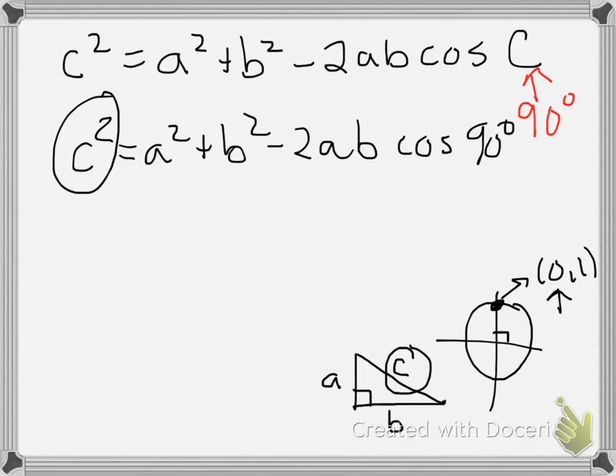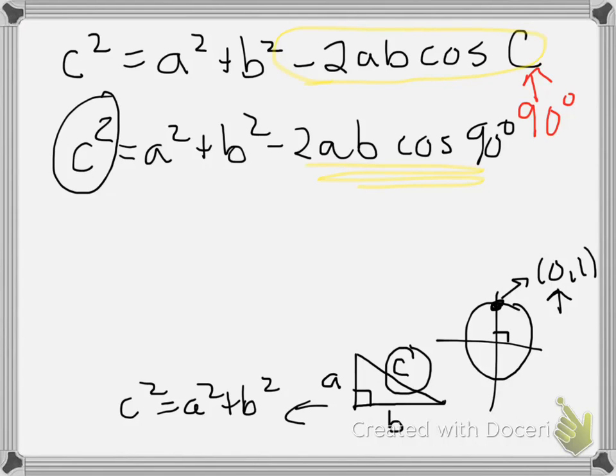Well, in a right triangle, C squared equals A squared plus B squared. And we don't have this extra piece right here that we have to worry about. So you can see that the law of cosines works for right triangles, but it's a special case where we don't have to worry about this correcting factor that we usually have in there. That's for obtuse and acute triangles.